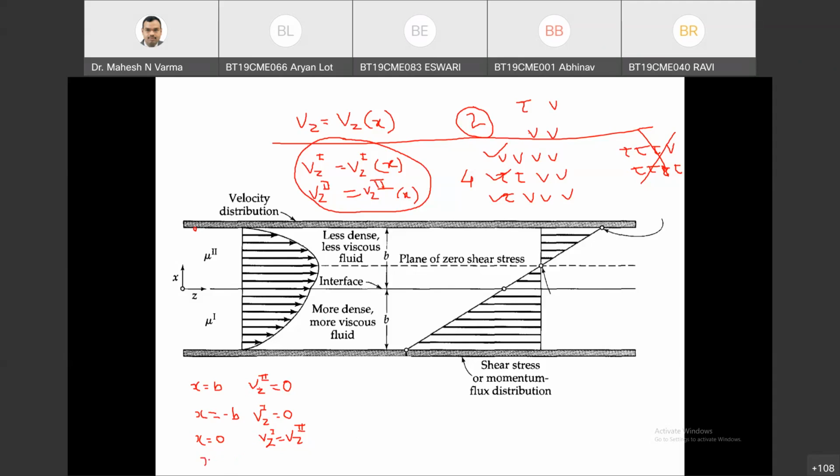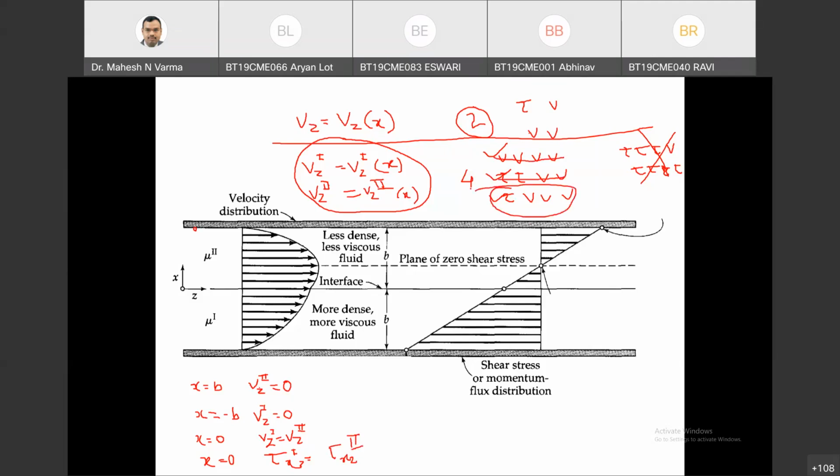At x equals 0, continuity of flux, tau xz for phase 1 equals tau xz for phase 2. Now this is not needed, this is also not available, this is available. So this problem can be solved.